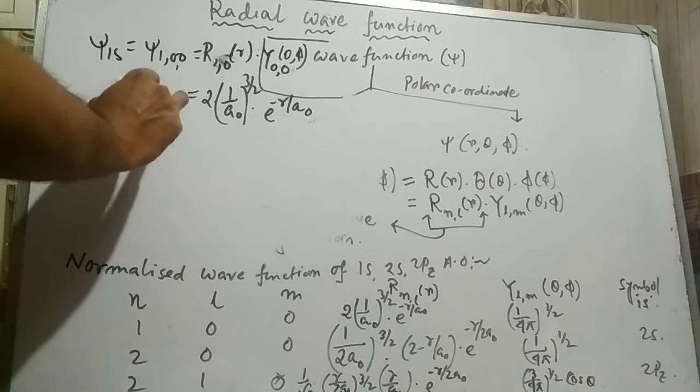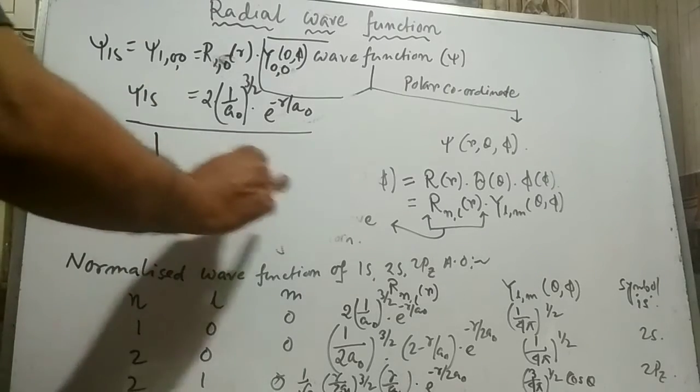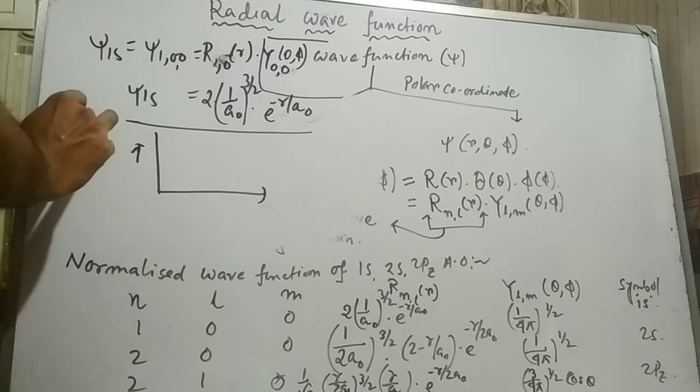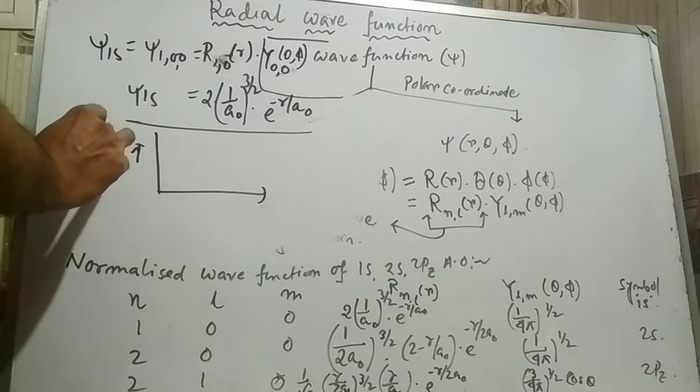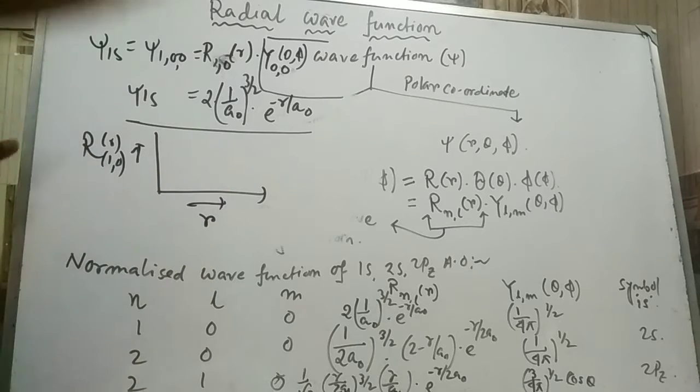Now we plot the radial wave function, that means R(r) versus r.